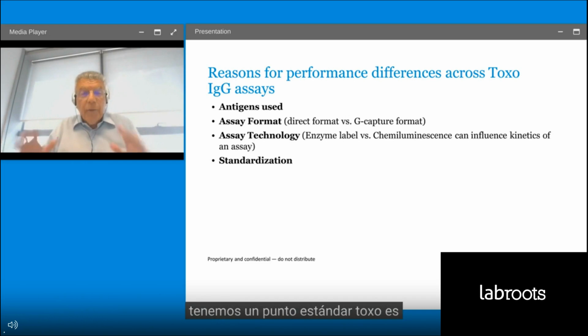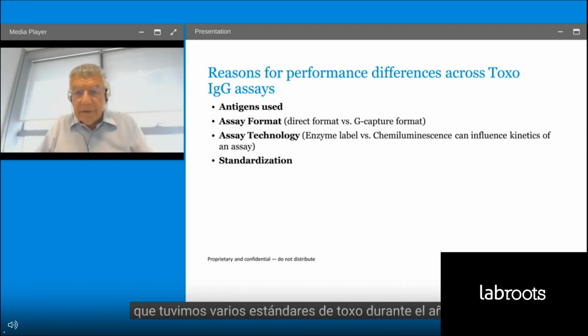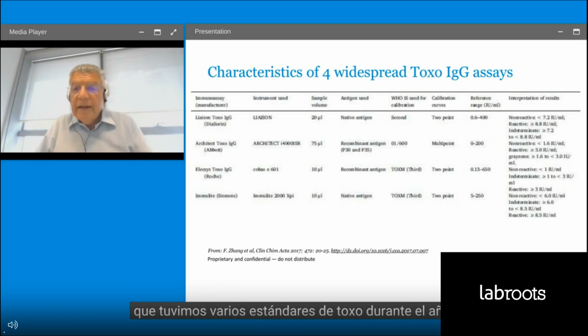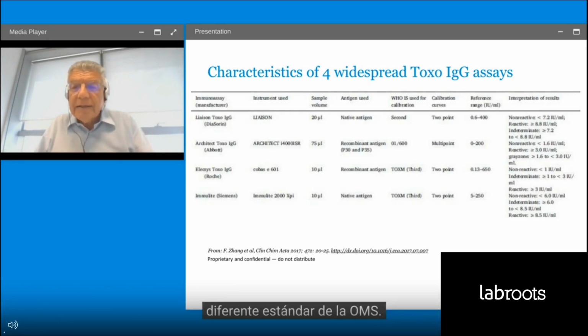We would say, okay, we do have a toxo standard. The point is that we had several toxo standards over the years, and as you see here, the different assays that are employed, these are 4 out of the 9 we have seen before, do have a different interpretation, different antigens, different WHO standard. You see that 3 of them are depicted here.